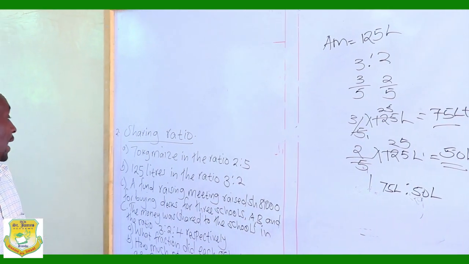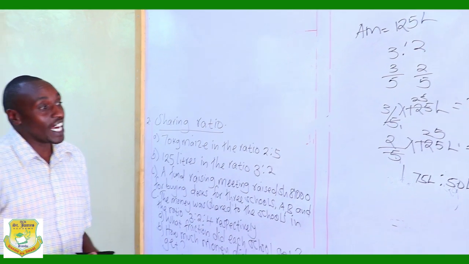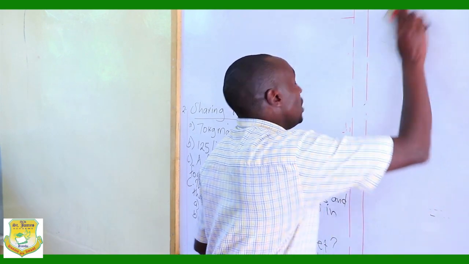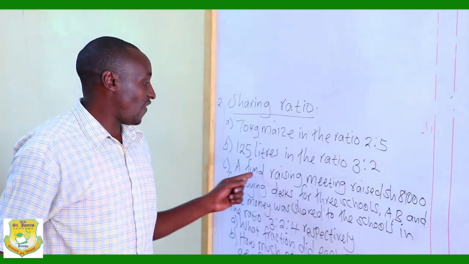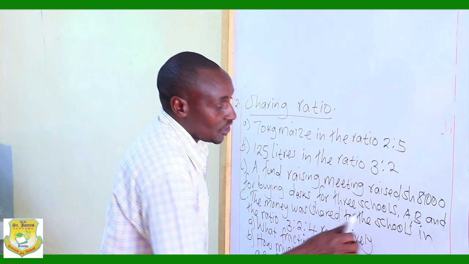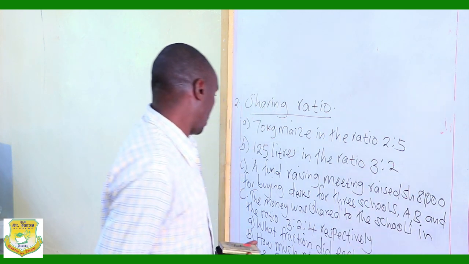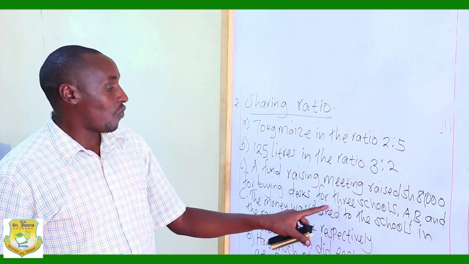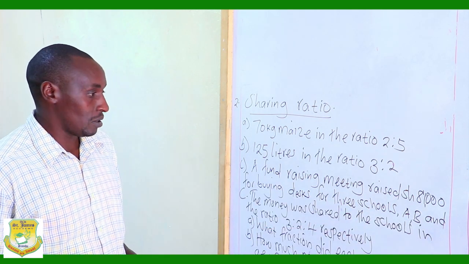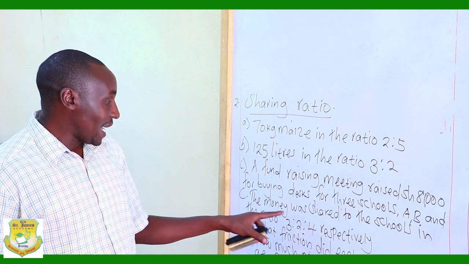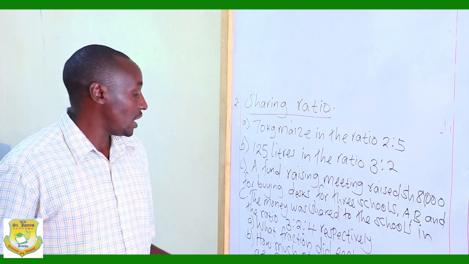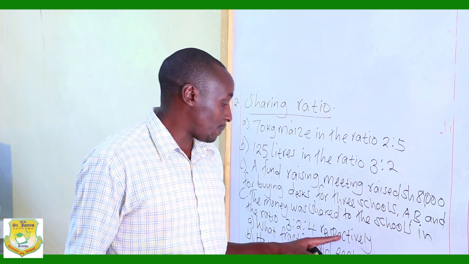We go to C, whereby we are given a question. We are told a fundraising meeting raised 81,000 shillings for buying desks for 3 schools, A, B, and C. The money was shared to the schools in the ratio 3:2:4 respectively.